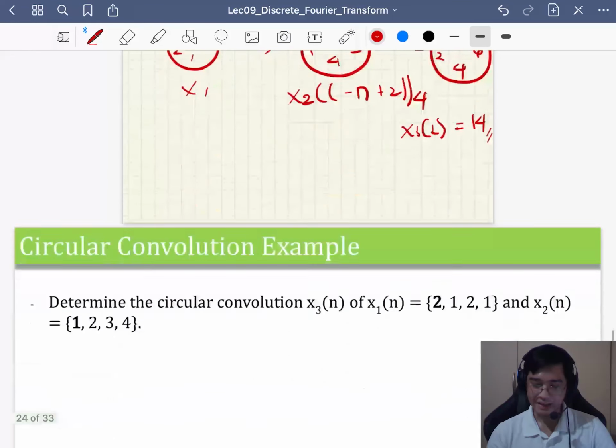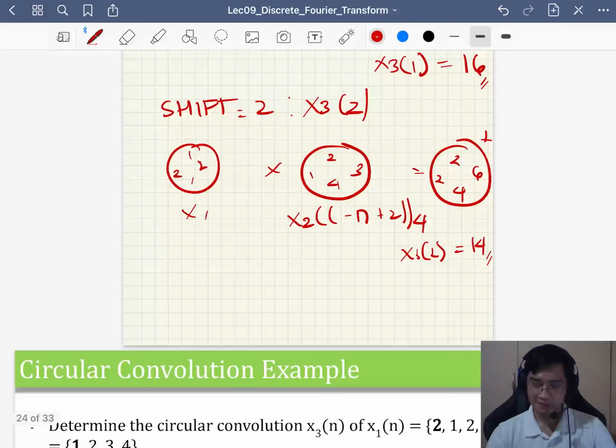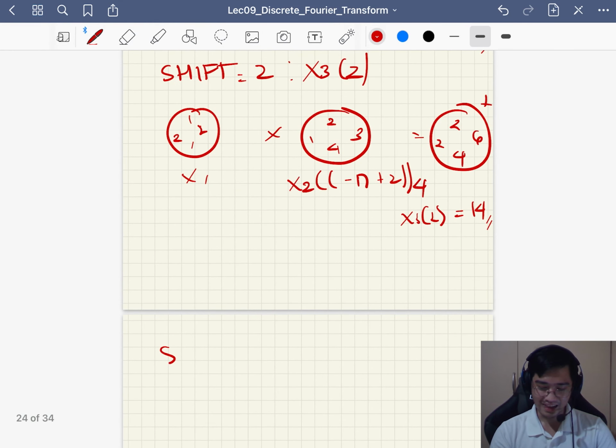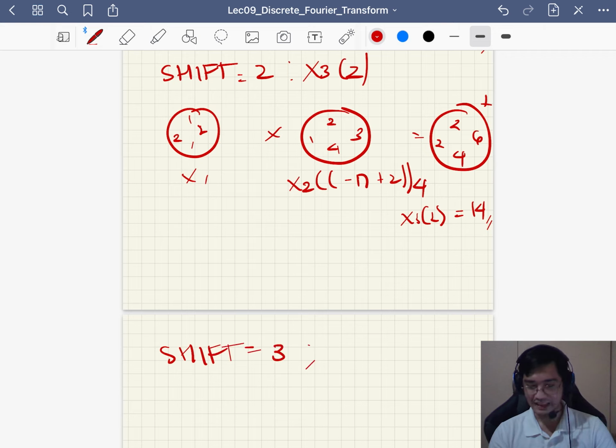And finally, let's add another page. Shift is 3 for completion, but I think you get the idea here.